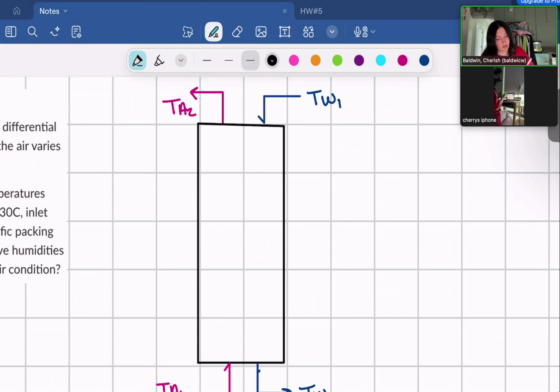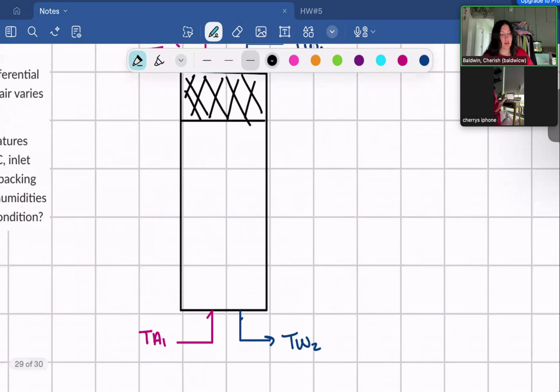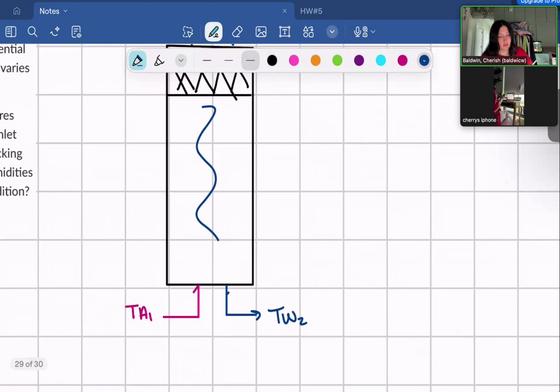And it also has a section of packing to increase the surface area and volume of the air and water interaction.